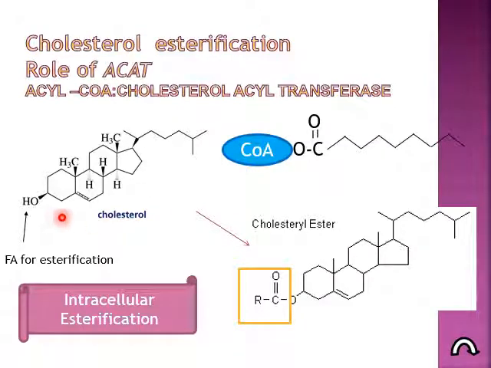Here we have the free cholesterol, and here we have the cholesterol ester. When cholesterol enters the intestinal cell, it should be esterified by this enzyme so that it can be absorbed. Of course, we absorb some amount of free cholesterol, but most of the free cholesterol will be excreted back into the lumen.